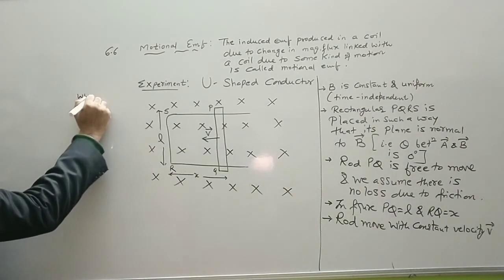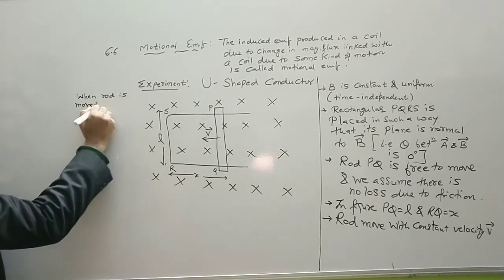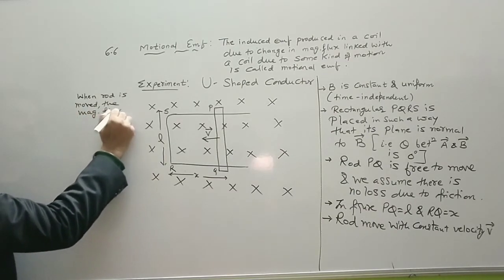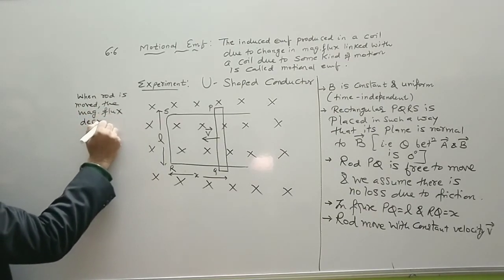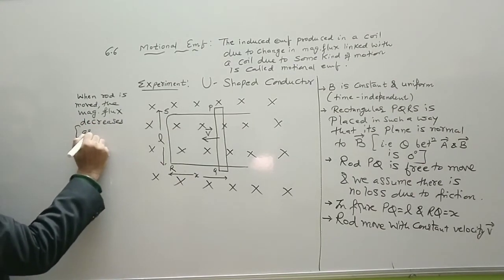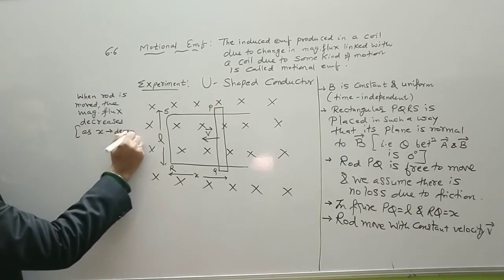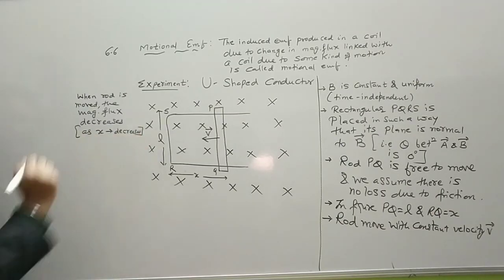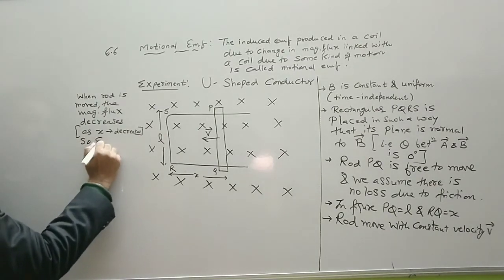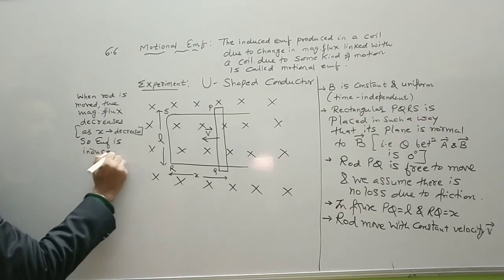When the rod is moved, the magnetic flux decreases. Why? Because as X decreases, EMF is induced.